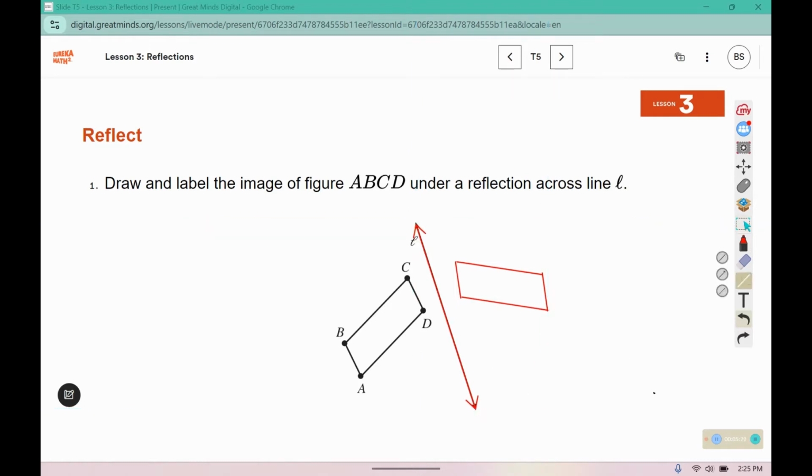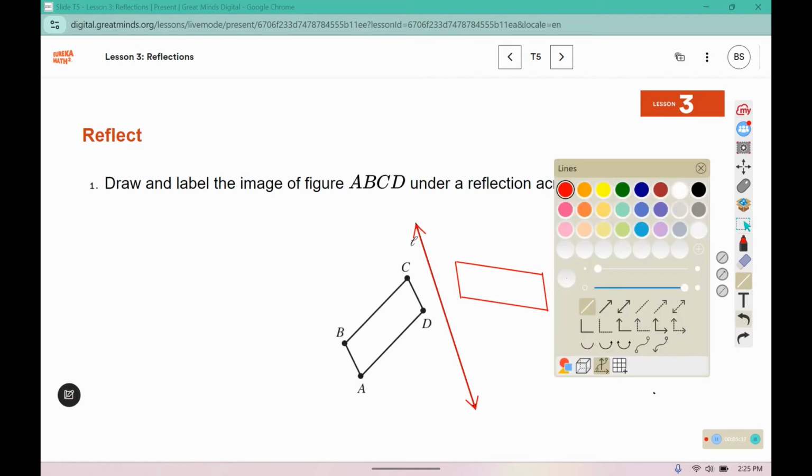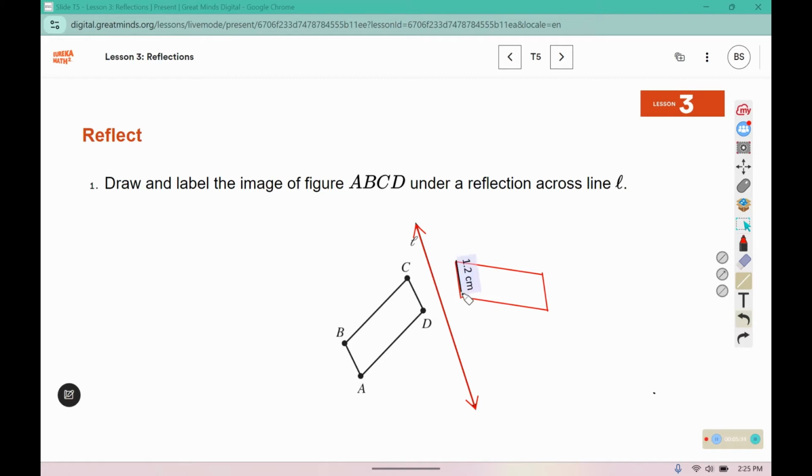Now we are going to either push really hard on your tracing paper or poke some points in the corners through your tracing paper, but we are going to put the figure in its new location. And we need to label it. C is closest to the line, with D as well, and then B has been moved over to the outside, and so has A.